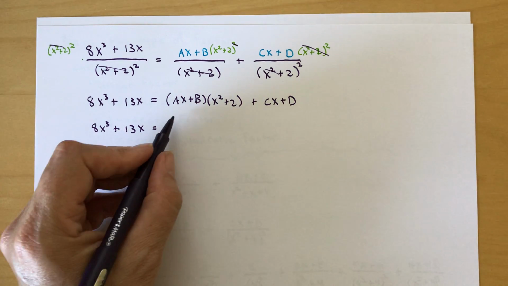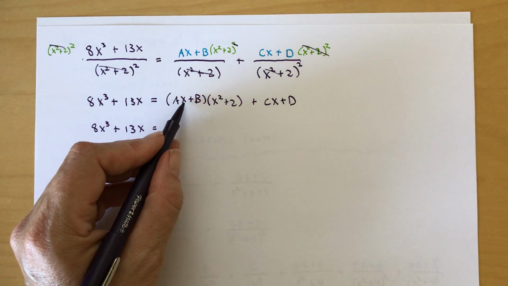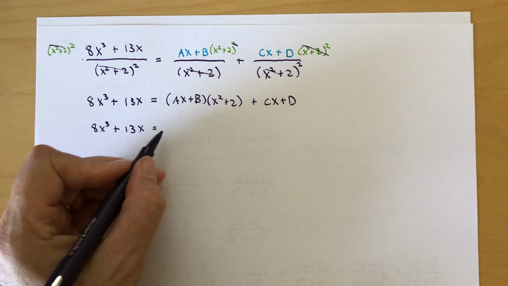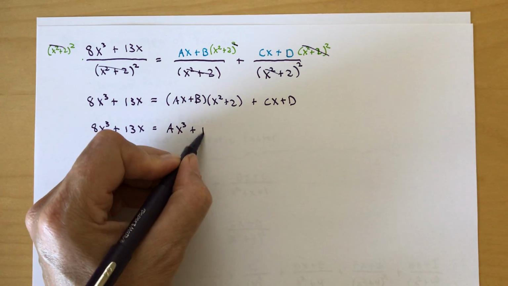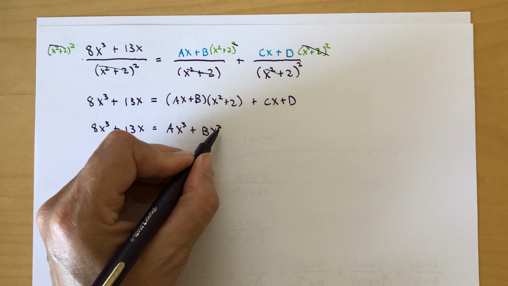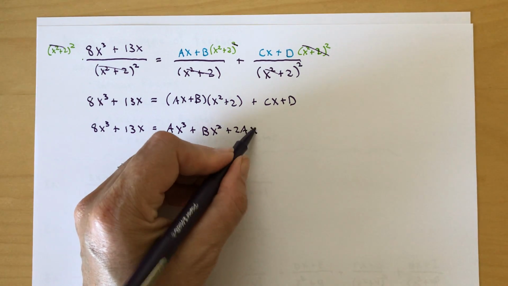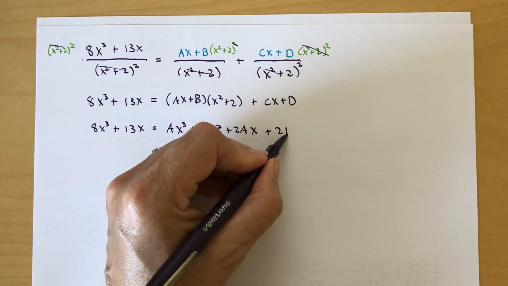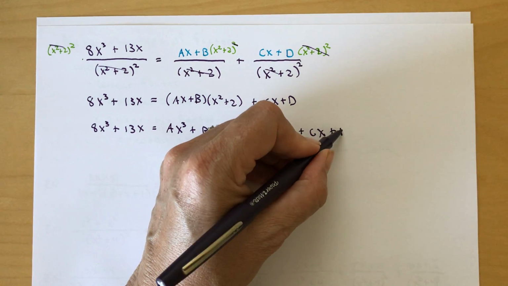So I'm going to distribute this using binomial here. a times x squared will be ax cubed plus bx squared plus 2ax plus 2b plus cx plus d.